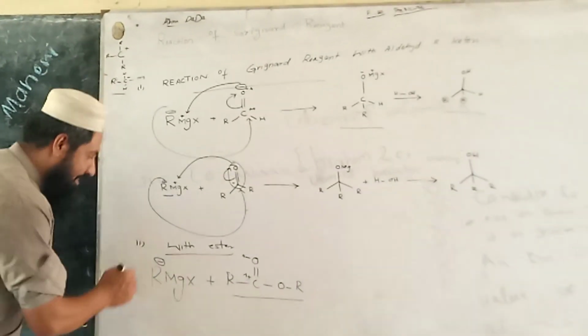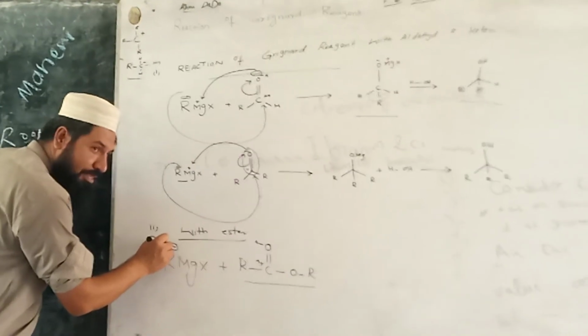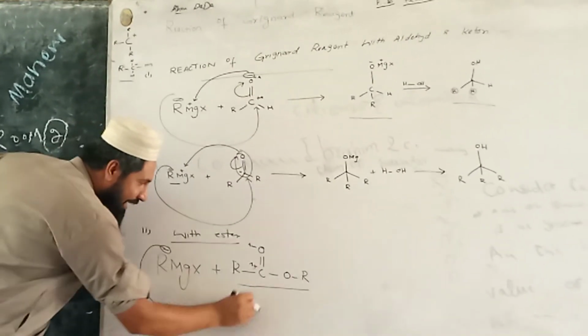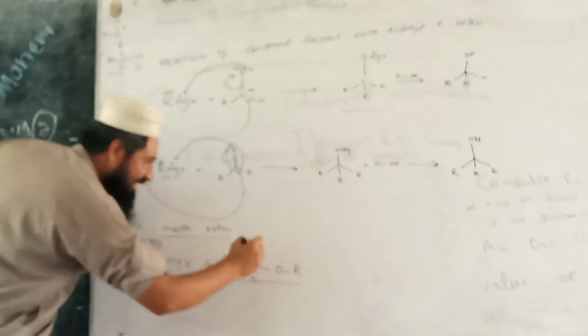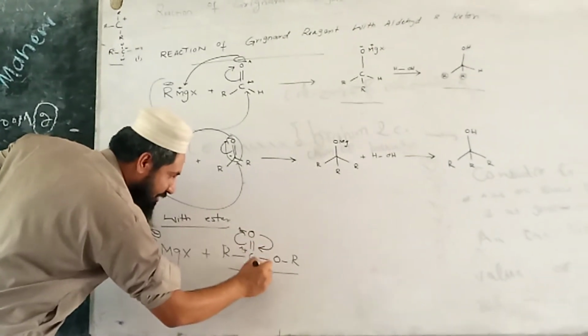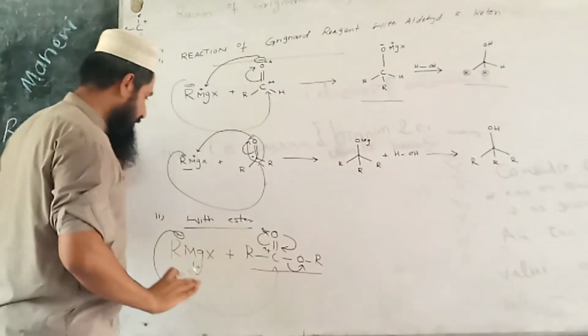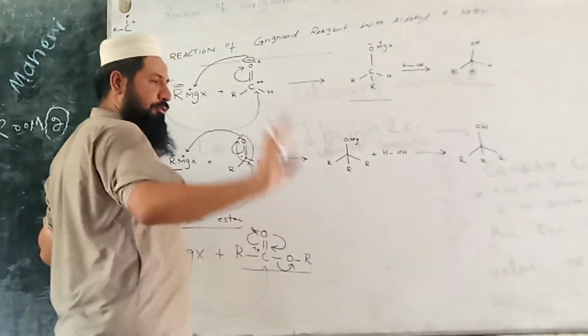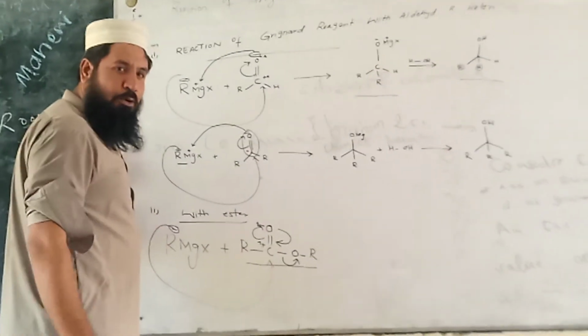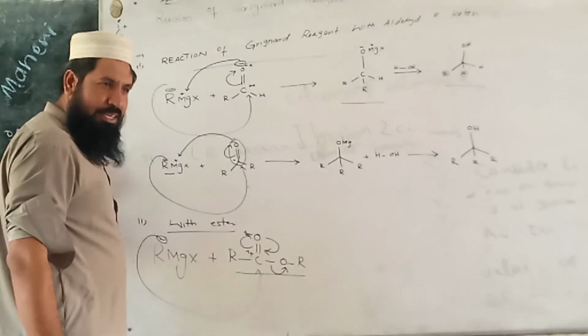Now look at this reaction. This is the R. It will attack here. This bond will shift here. In another turn, this bond again shifts here and that O negative will be removed.